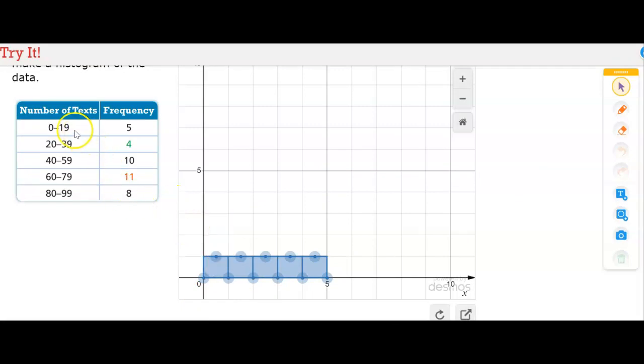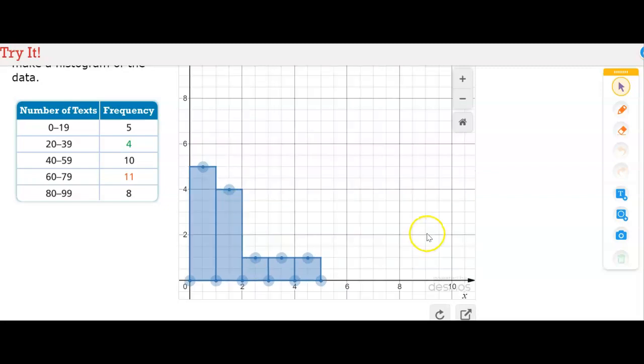All right, so we have 0 to 19, 20 to 39, 40 to 59, 60 to 79, 80 to 99, and then the frequency is here. So we have to reflect that on our bar graph. The first would be 0 to 19. That's going to be 5 people. 20 to 39 texts is going to be 4 people.